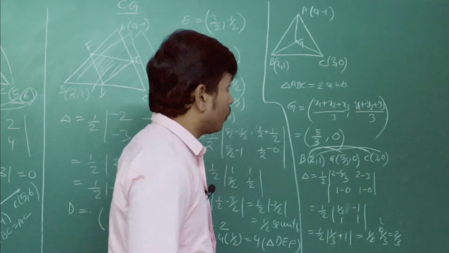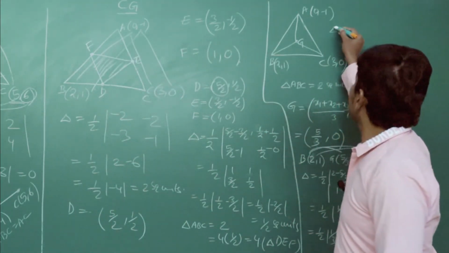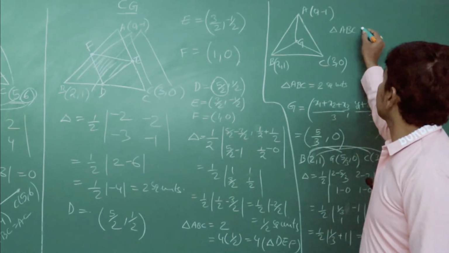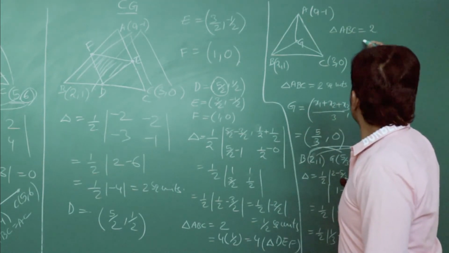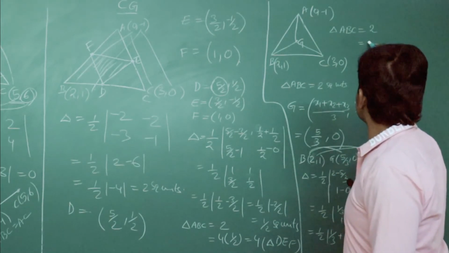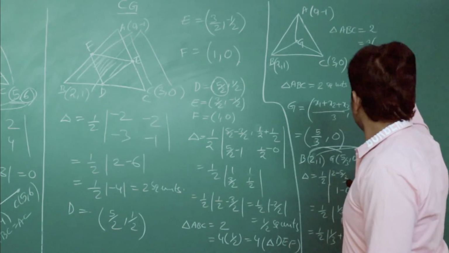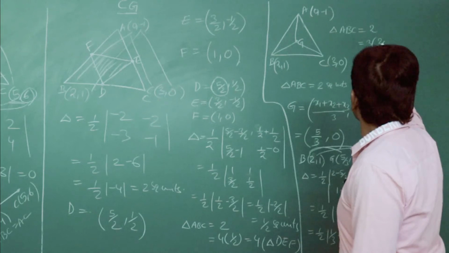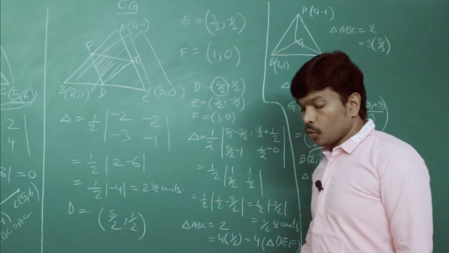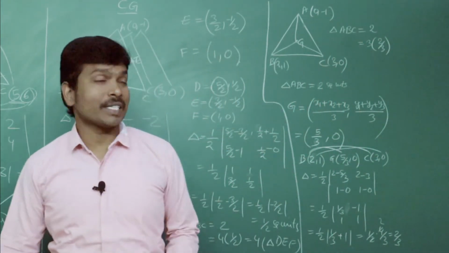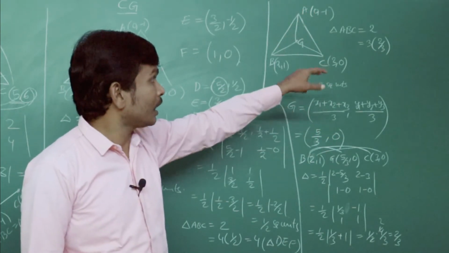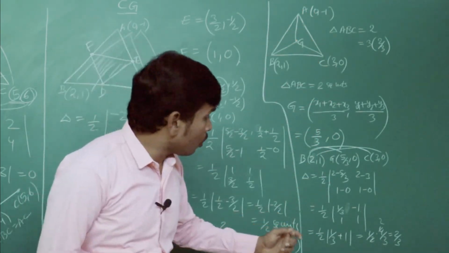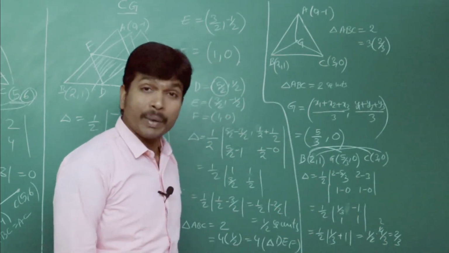Now you observe, the area of triangle ABC is equal to 2, no? The 2 I am writing as 3 times 2 by 3. Can I write like that? 3 gets cancelled, 2 you got it. 2 by 3 is the area of triangle BGC, no?